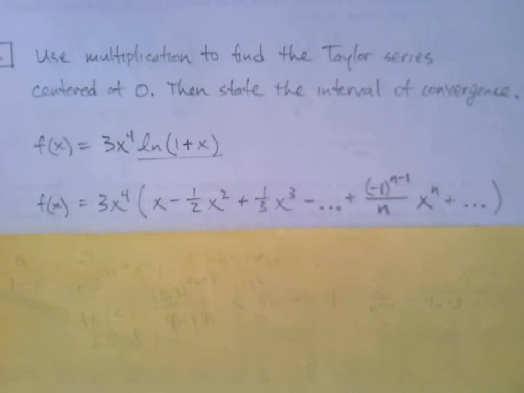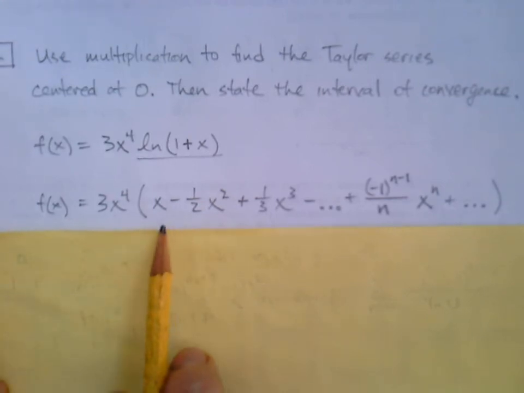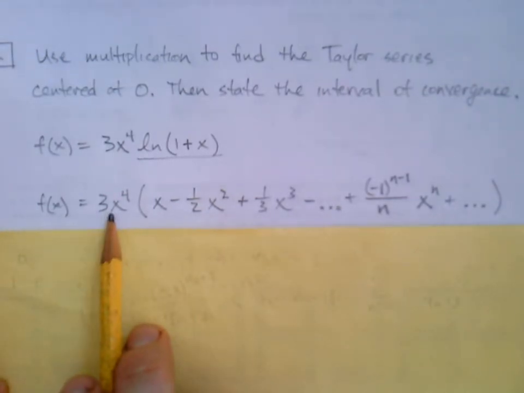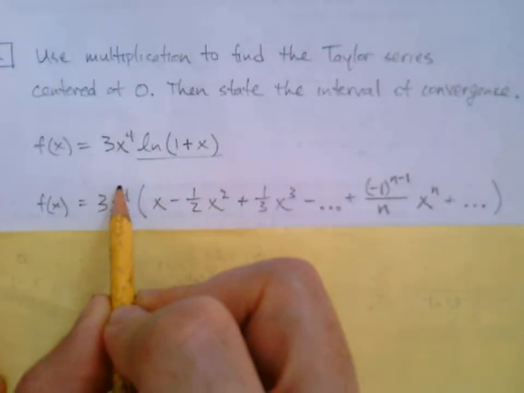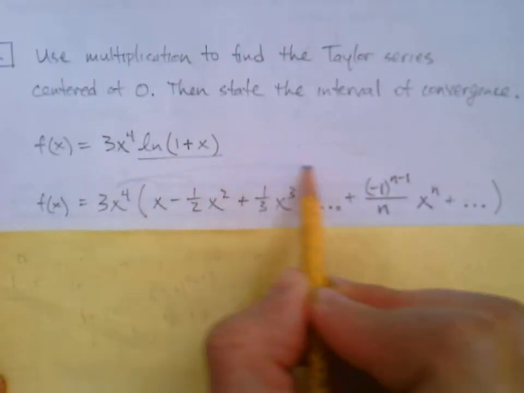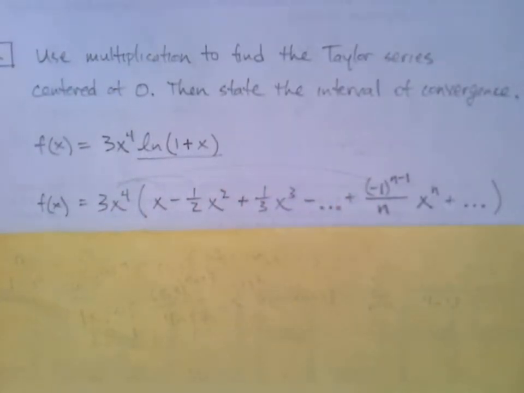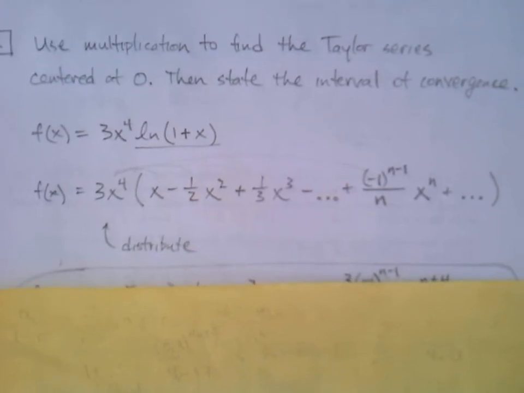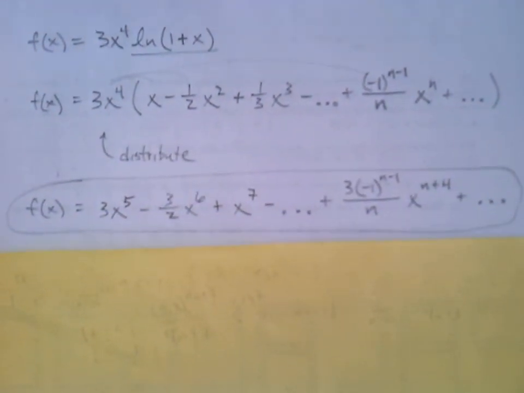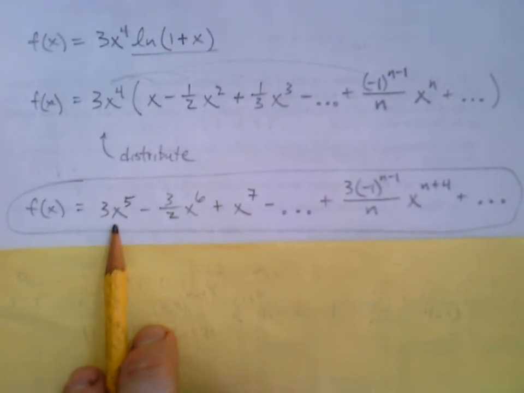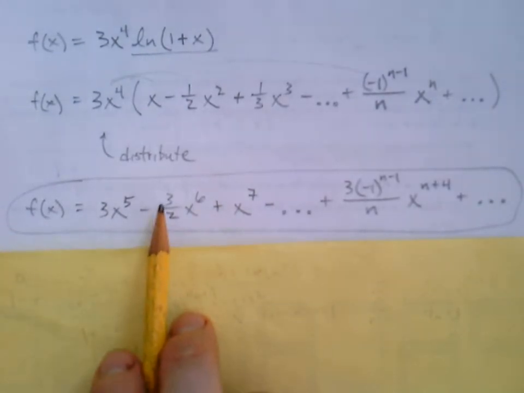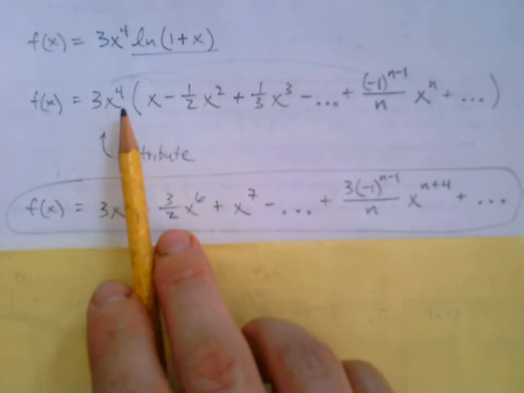Okay. Well, what's it going to mean to multiply? Well, simplify, right? If this was any other polynomial and I wanted to simplify, I would distribute what's out here. So we're just going to do that. Now, it's got infinitely many terms to multiply with, but we don't have to write them all. Distribute, okay, that's the key. And here it is right here. 3x to the fifth minus 3 over 2 x to the sixth when it multiplies to that.